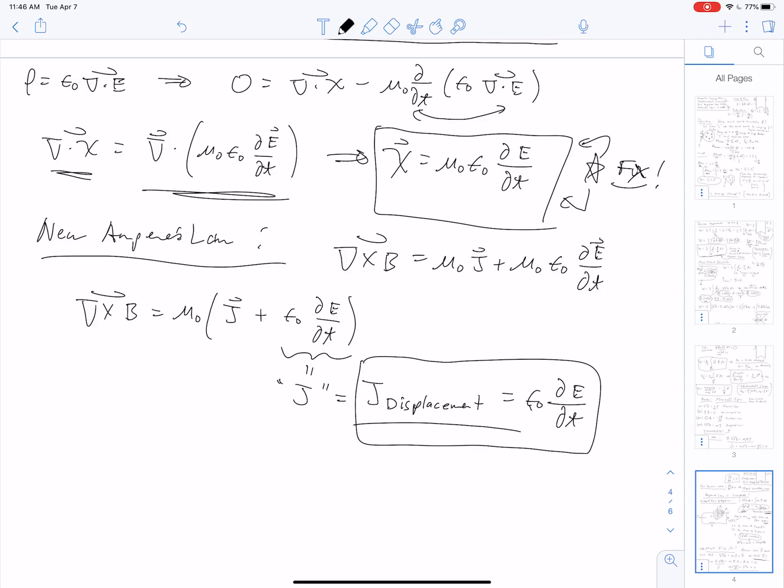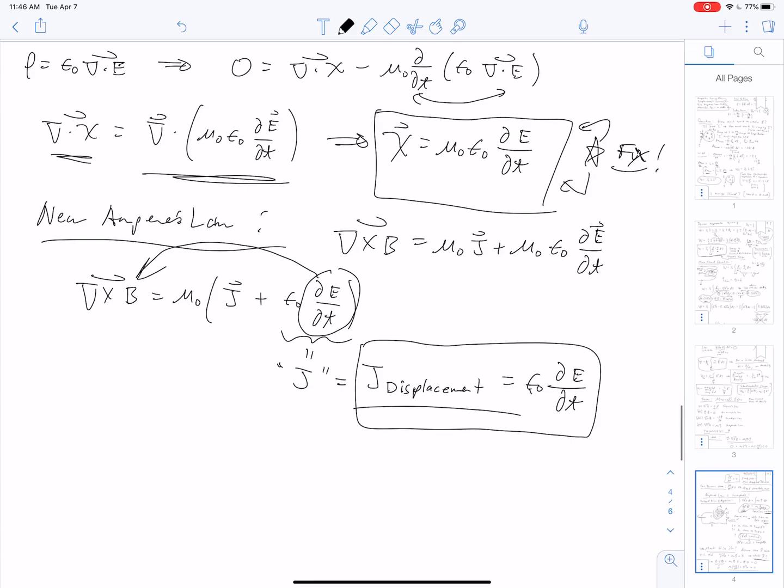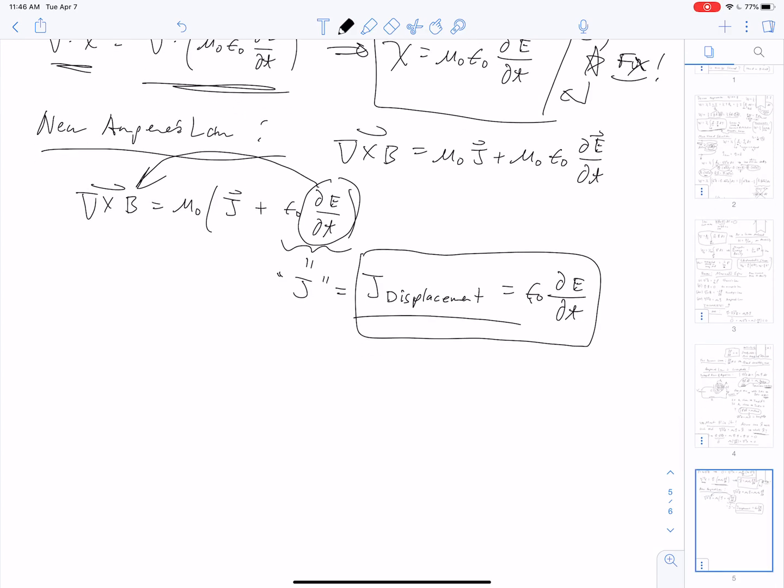And what does a current do? It creates a B field. So that tells us that a changing electric field has to create a B field, because we see this dE dt has to create curl in the B field. And so this is how we complete Ampere's law.